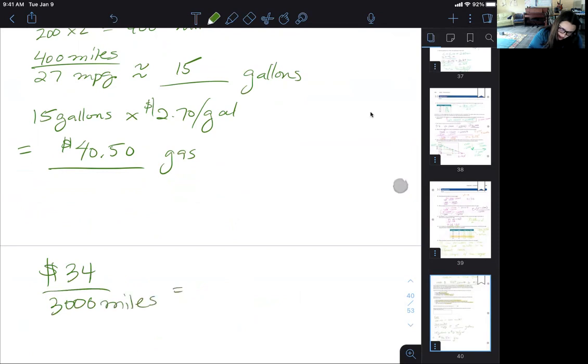Then I'm basically paying a penny per mile, if I round that off.